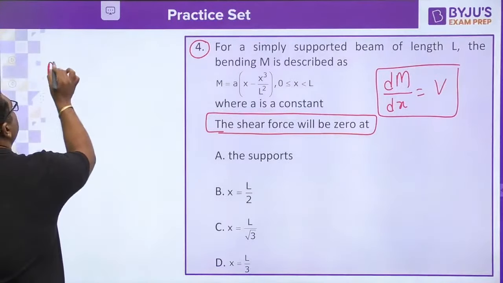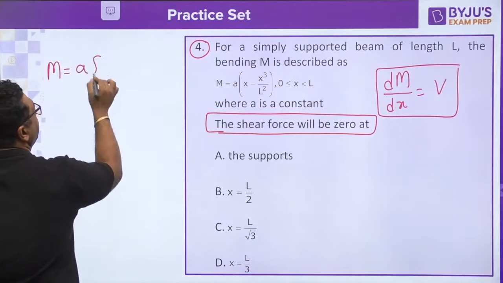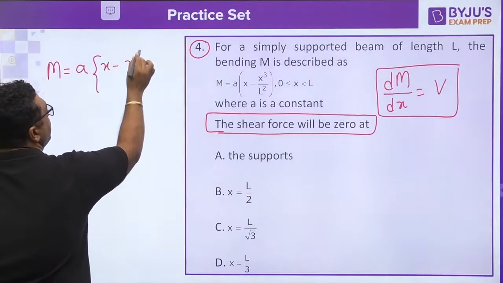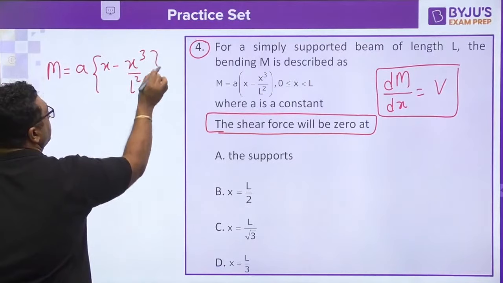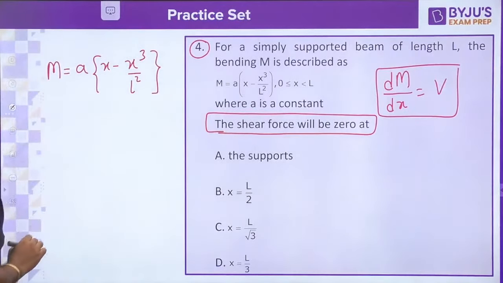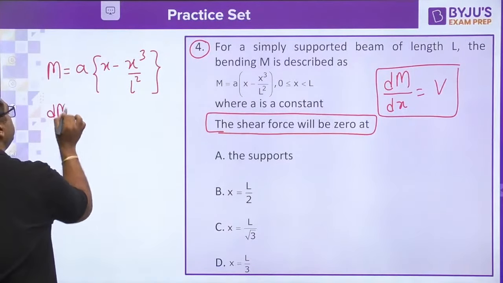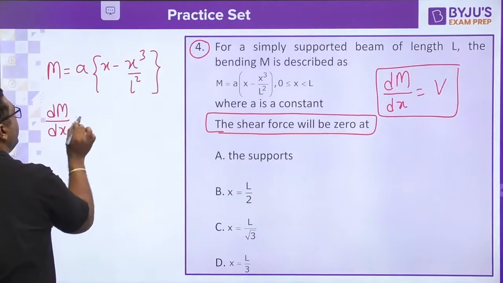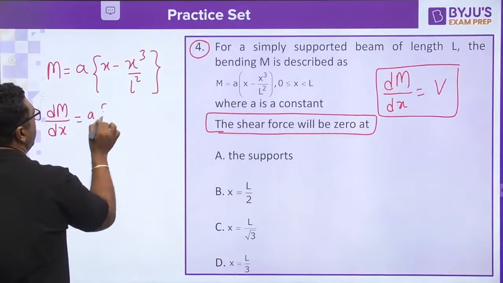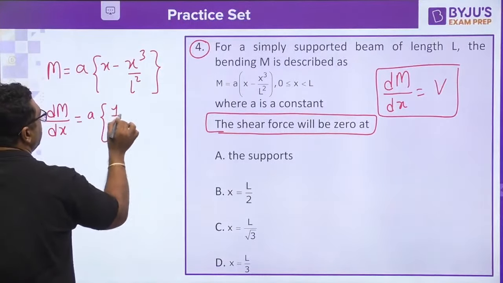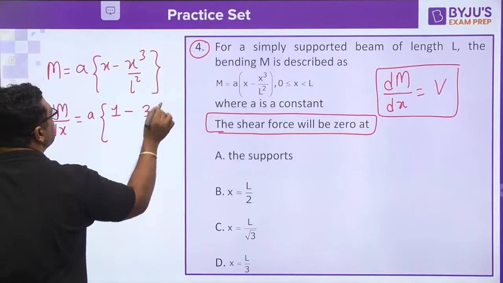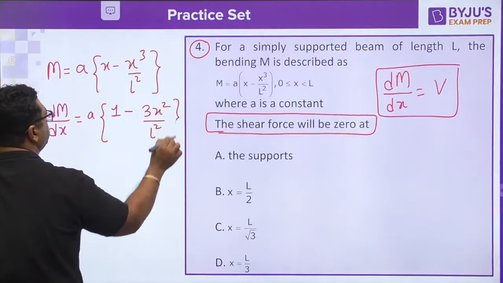So guys, bending moment is A times (x minus x cube by L square). So my dear, when you find dM by dx, the differentiation will be 1 minus 3x square upon L square.